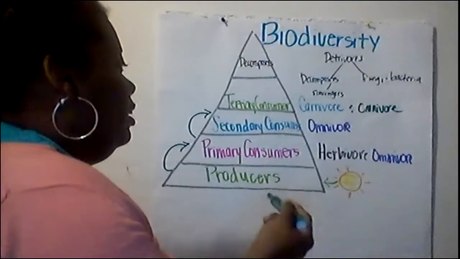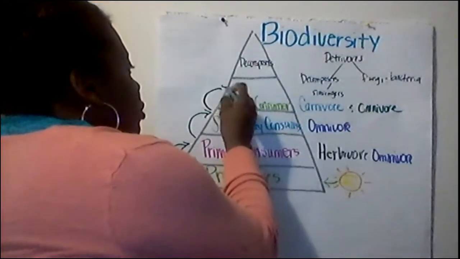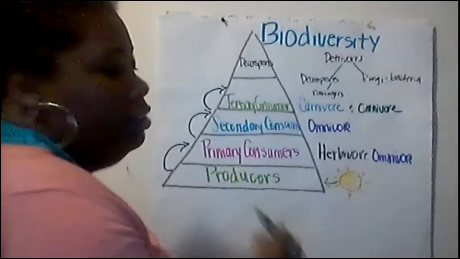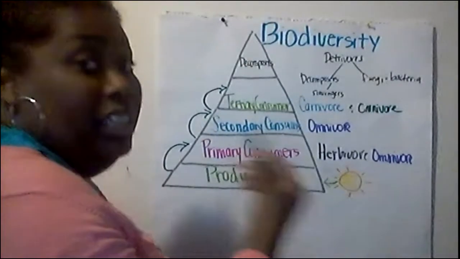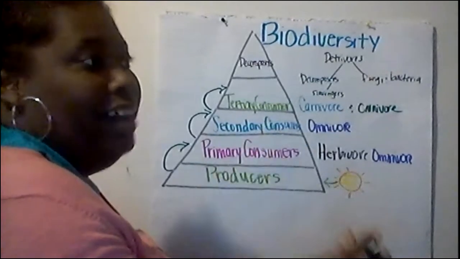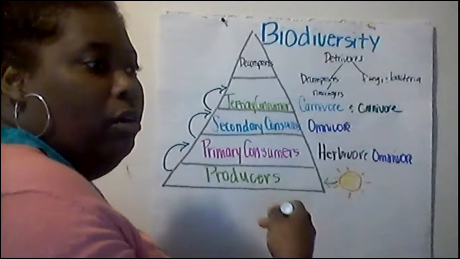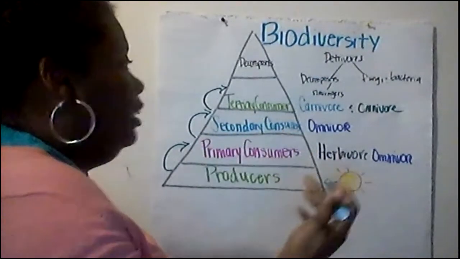And as the secondary consumer is consumed by the tertiary consumer, a portion of their energy goes to the tertiary consumer. So that's how we consume other organisms to get energy. Like when we eat a salad or when we eat a hamburger, we're consuming that organism to get energy.